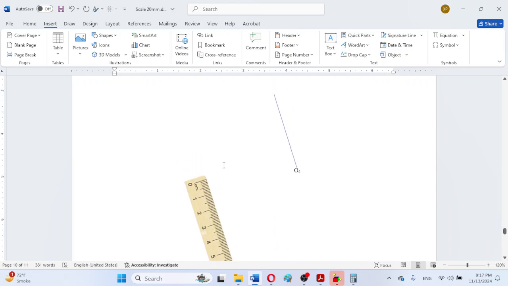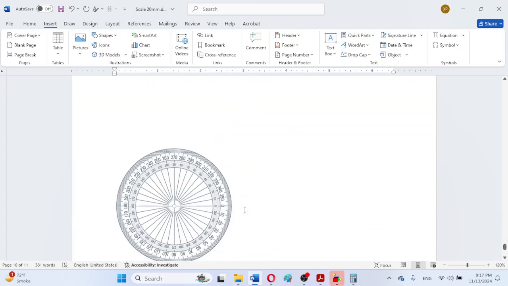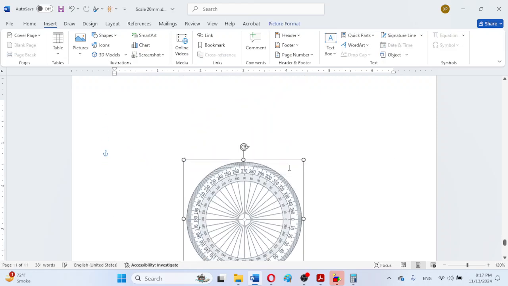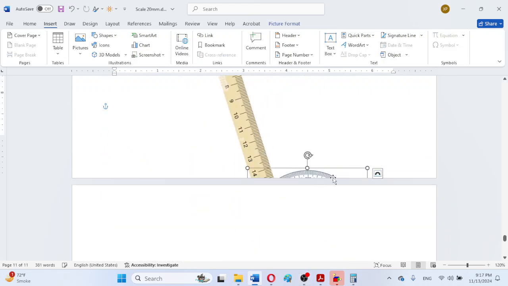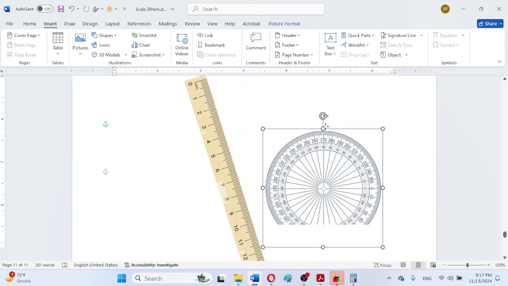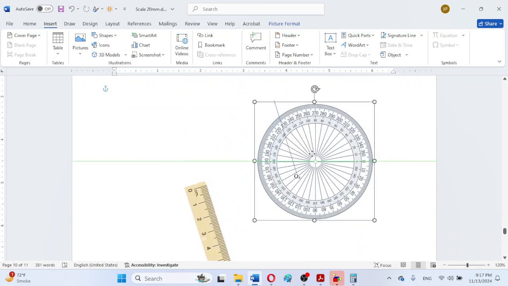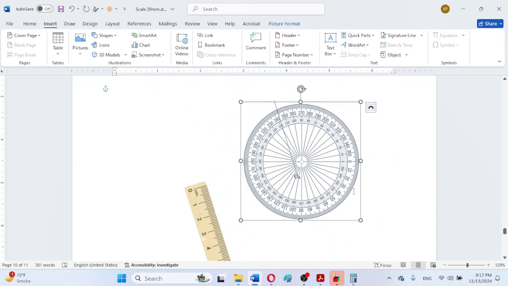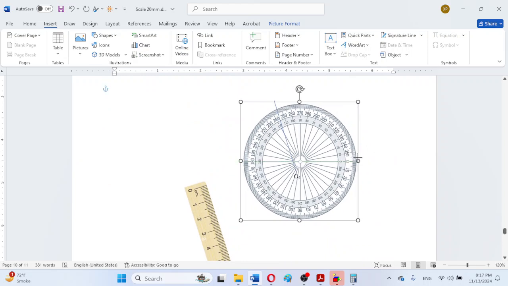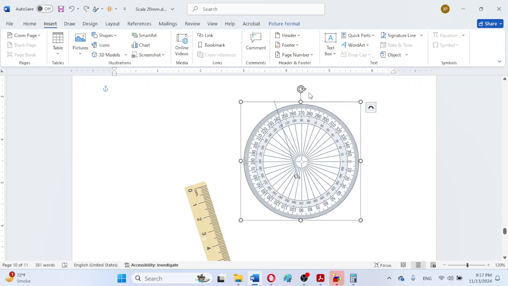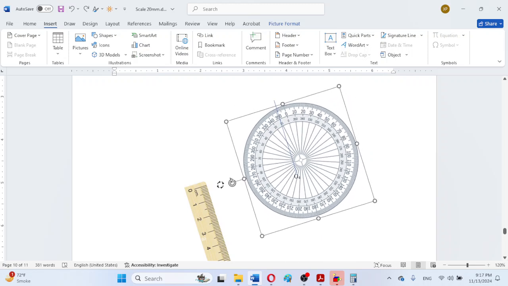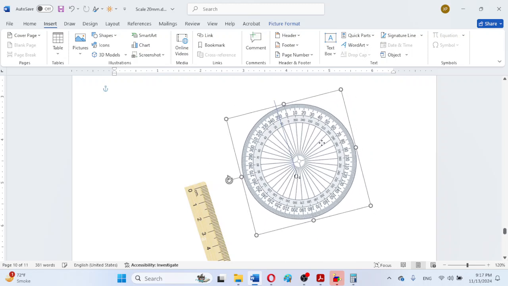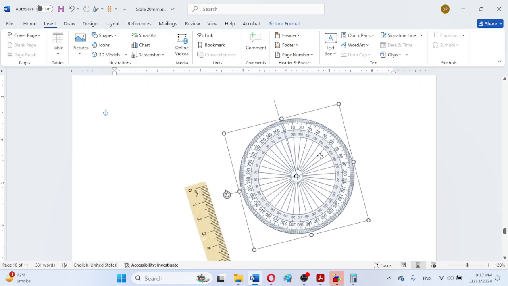So that means we will be taking the protector like this, and placing the protector here.